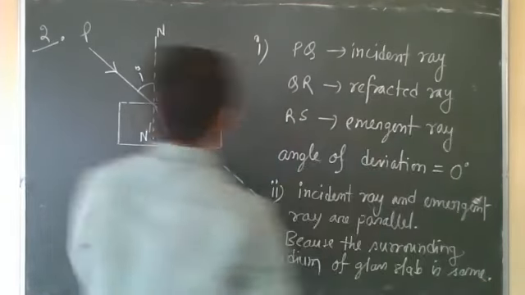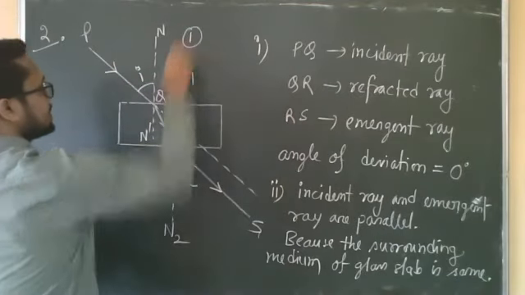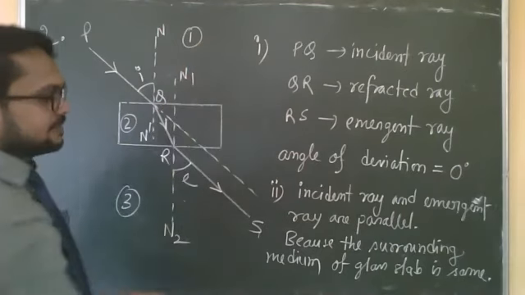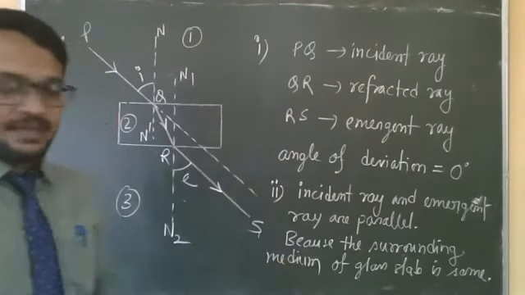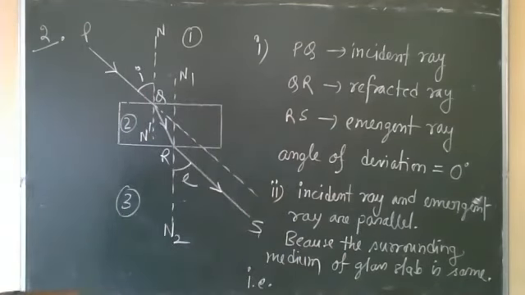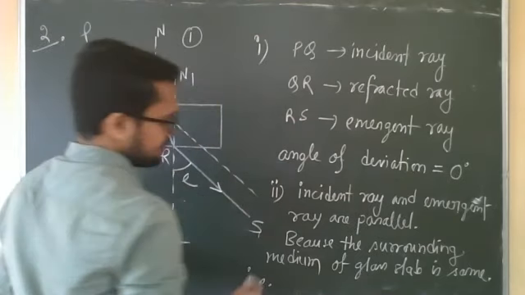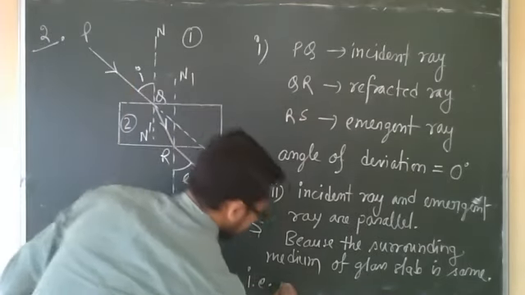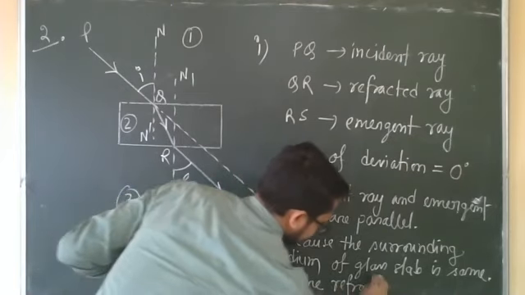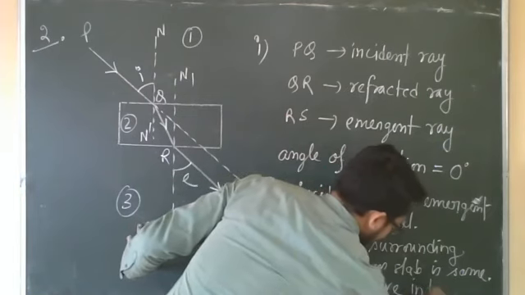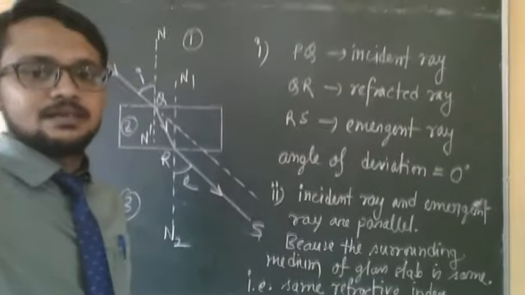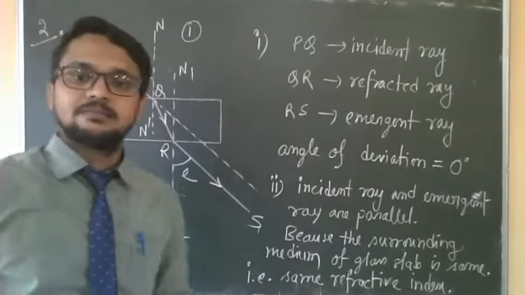That means this is the first medium, this is the second medium, and this is the third medium. So the first medium and third medium are the same. You can write it properly in the proper language of physics: the surrounding medium has the same refractive index. Clear?